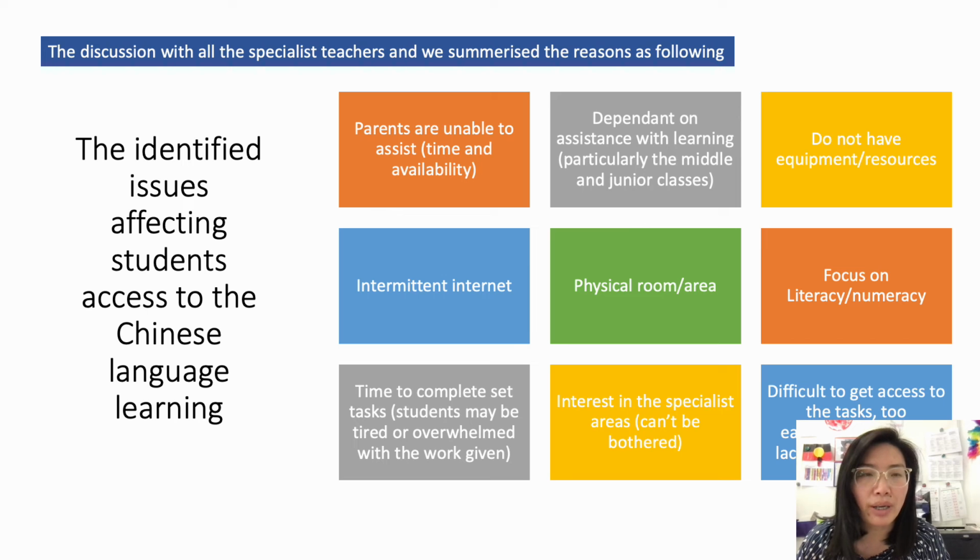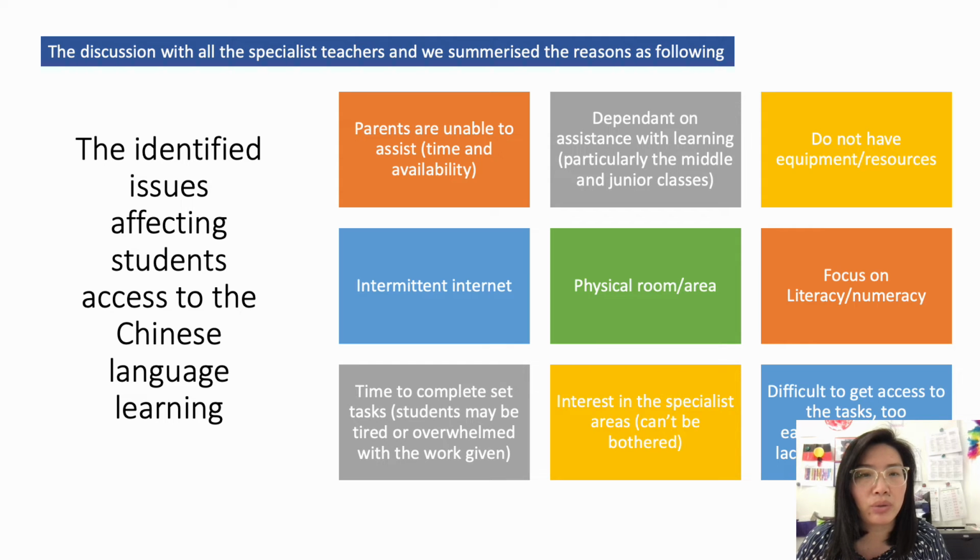My teacher colleague and I were puzzled by the low participation rates during the lockdown. So we had a discussion about the factors affecting students' online participation rates in their specialist learning.